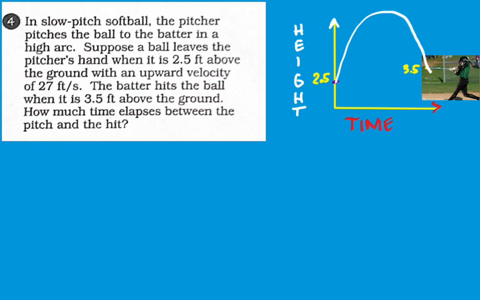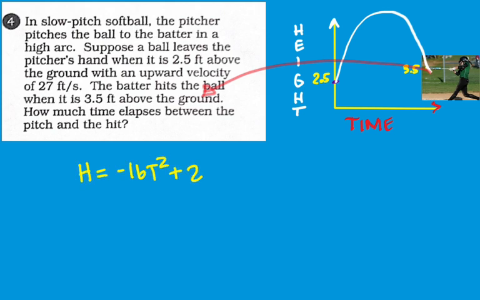Then they throw it up in the air and it comes back down. It gets hit when it's 3.5 feet above the ground. What does that mean? This ball is then going to take off, right? It's going to go back at the pitcher and hopefully go for a really long time. That's the goal. So let's see what happens in this scenario when I use my equation and substitute in correctly.